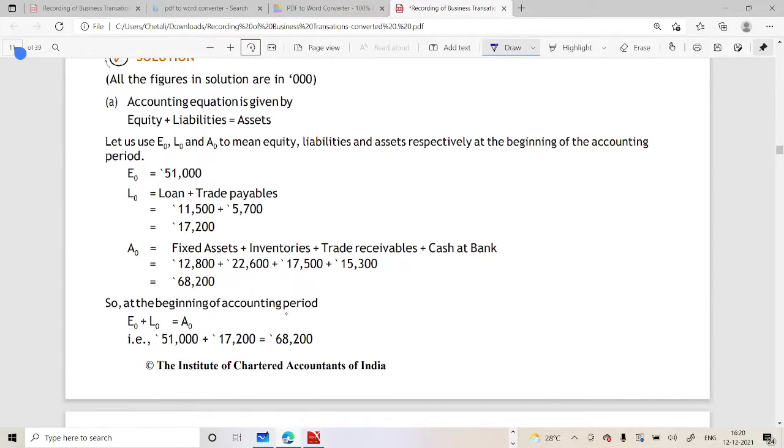So we have a formula E0, L0 and A0, meaning equity, liabilities and then assets. Let's use this: equity 51, the loans.